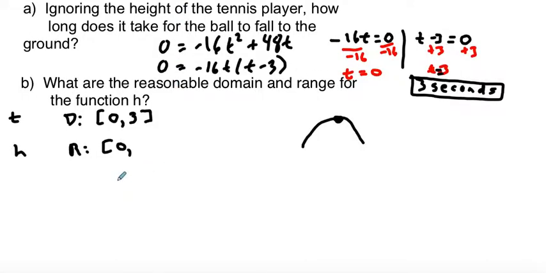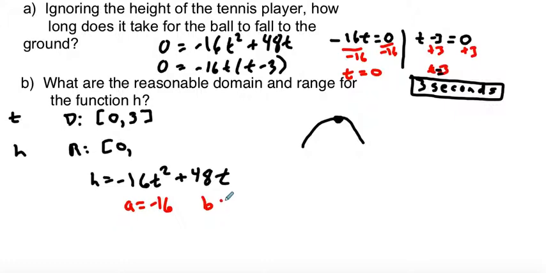To find the vertex, we say h equals negative 16t squared plus 48t. If you remember, whatever's in front of the t squared, that coefficient, is negative 16, so that's your a value. What's in front of t is your b value.